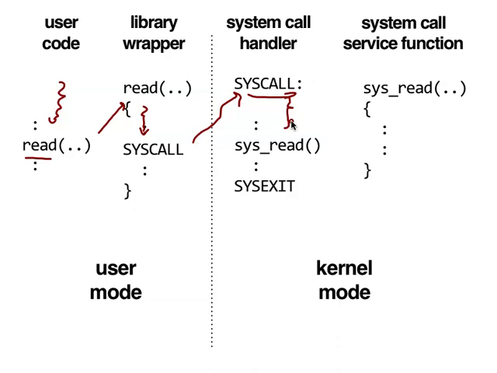And then this step also involves passing the arguments of the system call from the user process to the kernel. So maybe in this system call, I have some argument. Let's say if I want to read something, I must say how many bytes to read. After you read, where do you want to store, and so on.